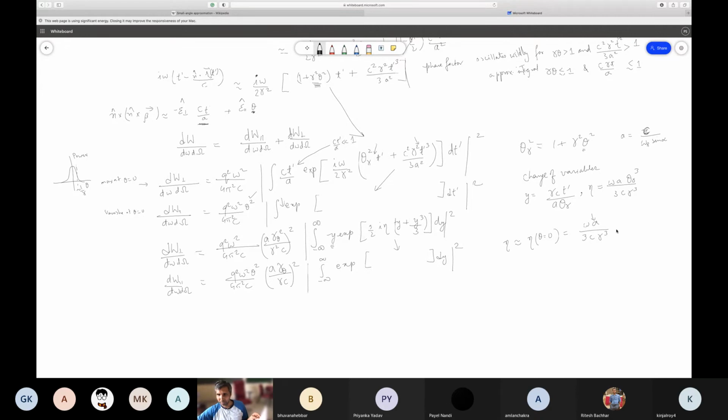And if you recall, there was another thing, this critical frequency omega c, which was equal to 3 by 2 gamma cube omega b sine alpha. So you see, this can be written as omega by twice omega c, where this a and the value of omega c have been used from here.